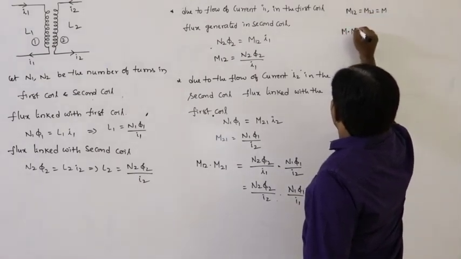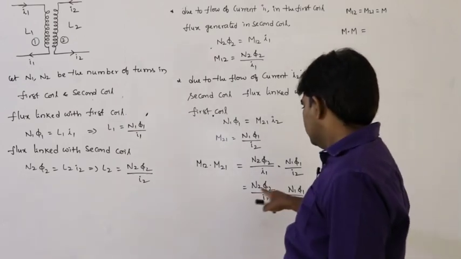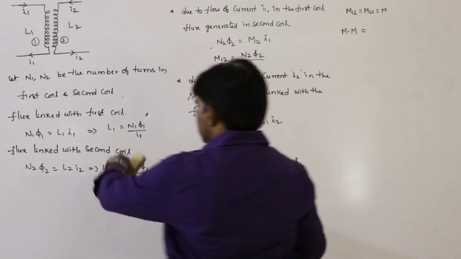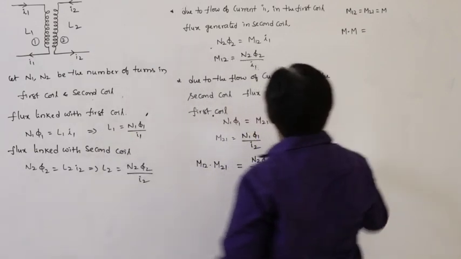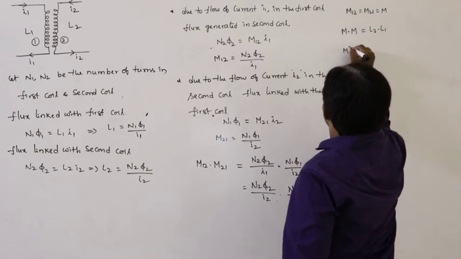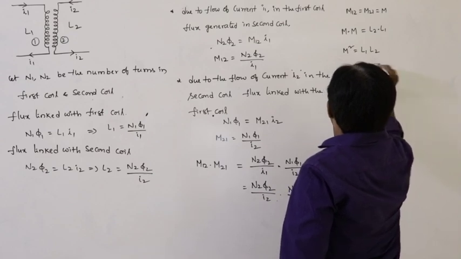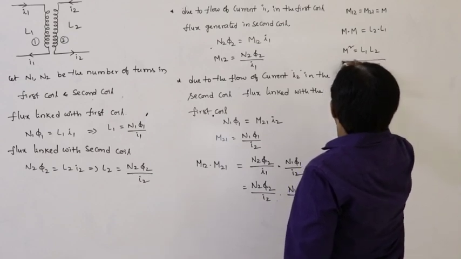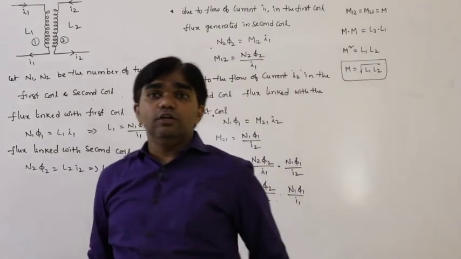Therefore, M into M is equal to N2 phi 2 by I2, what is that? L2. N1 phi 1 by I1, that is equal to L1. So, L2 into L1. So, M square equals L1 L2. M equals under root L1 L2.